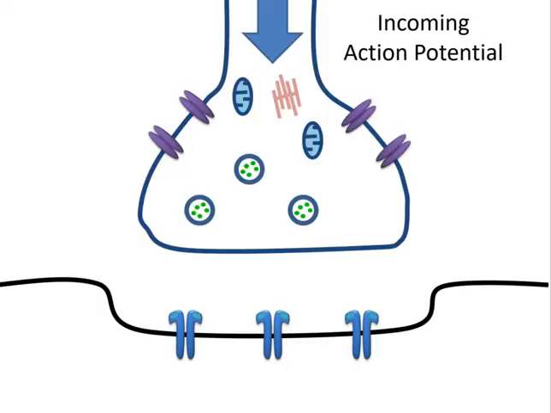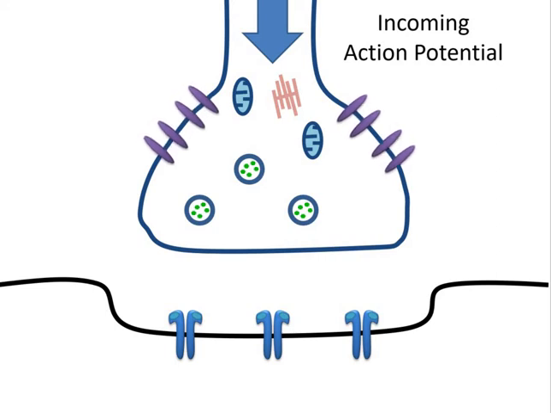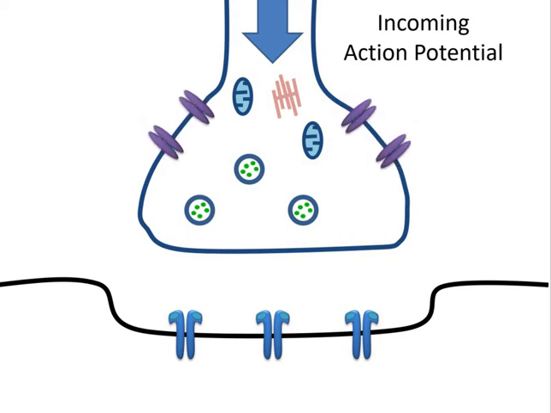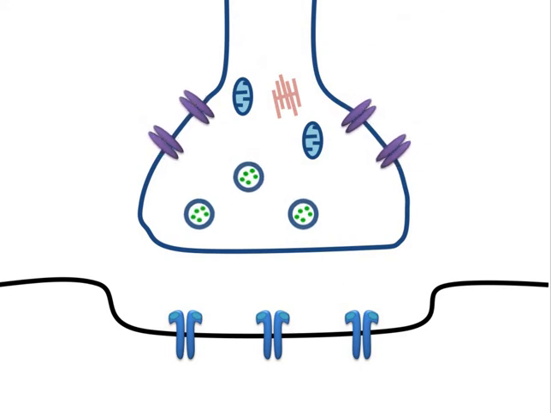So I've got the whole process, which I'll summarise now. So, incoming action potential comes in. Calcium channels open. Calcium ions diffuse inwards. This then causes vesicles containing neurotransmitter to fuse with the presynaptic neuron membrane and release neurotransmitter across the cleft.